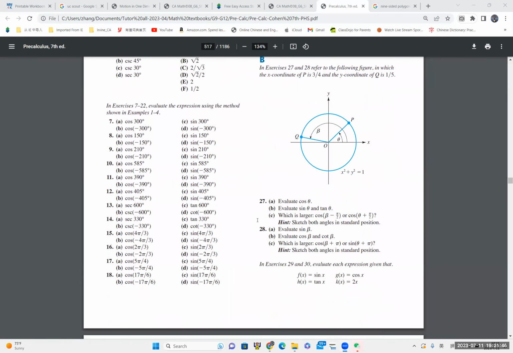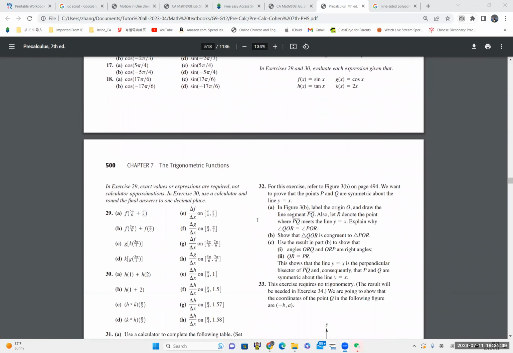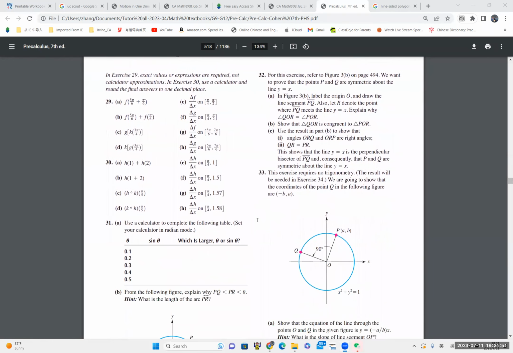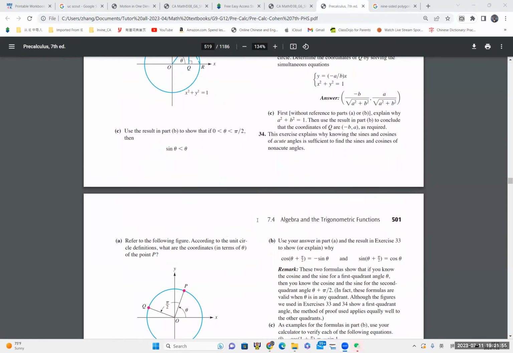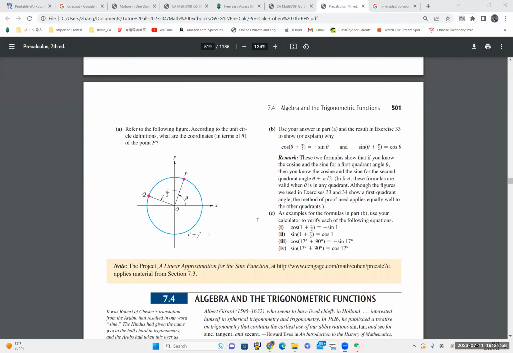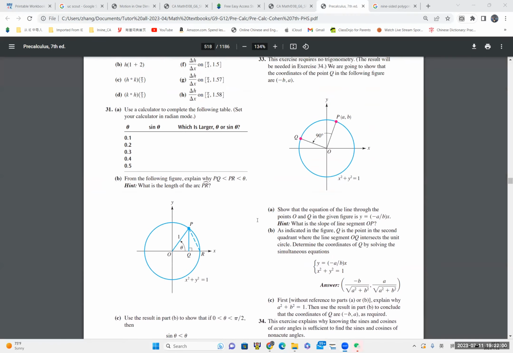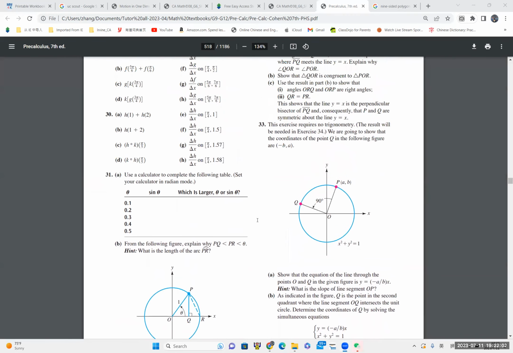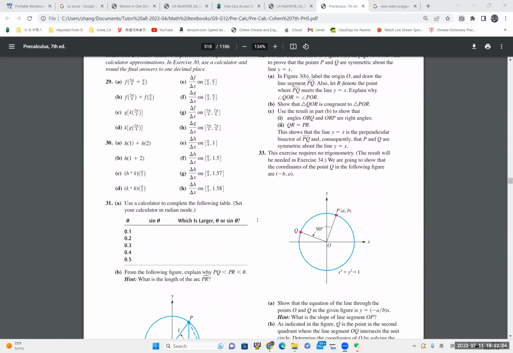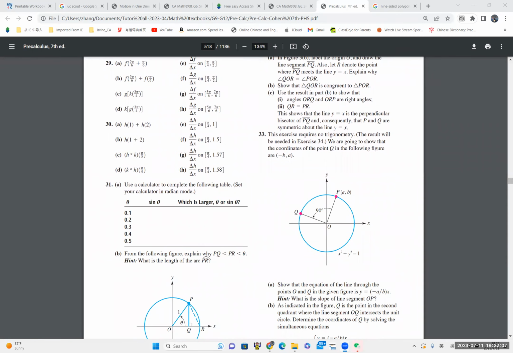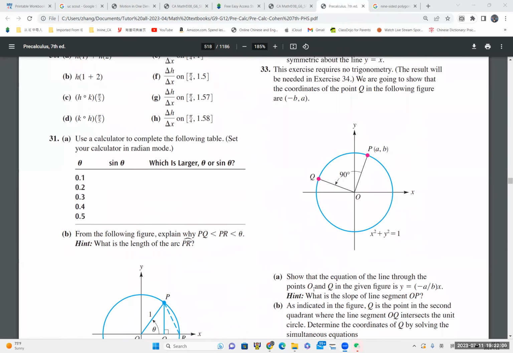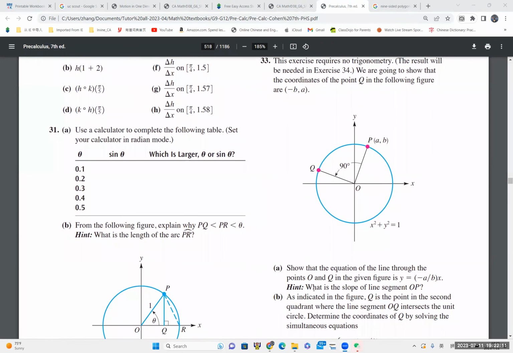Part B. How about we try 33. Require no trigonometry.